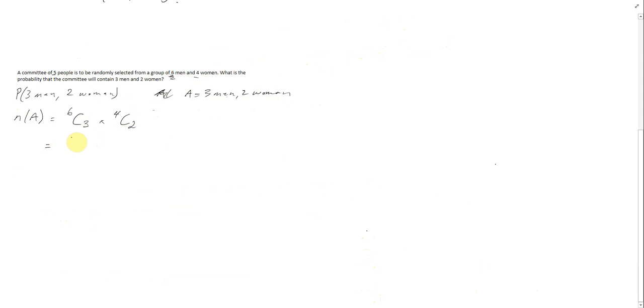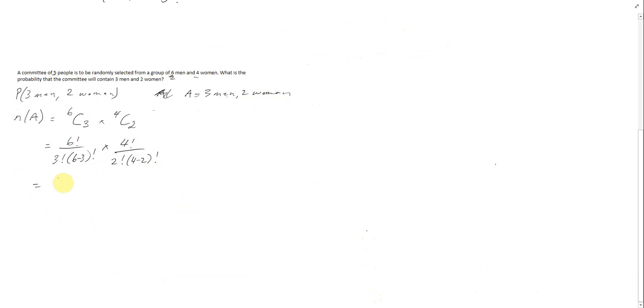So if we jot this down, it's 6 factorial over 3 factorial times (6 minus 3) factorial, times 4 factorial over 2 factorial times (4 minus 2) factorial.